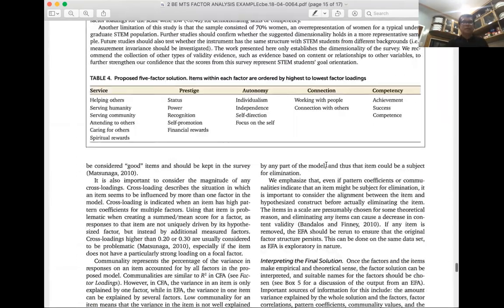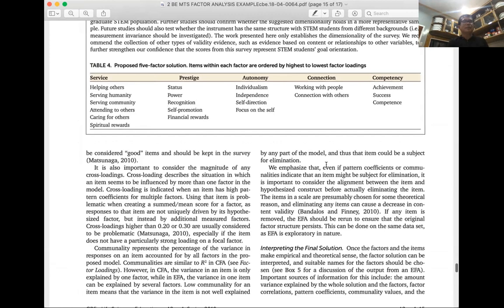So looking into the final one, table 4, the proposed 5-factor solution. So we have service: helping others, serving humanity, serving community, attending to others, caring for others, spiritual rewards. Prestige: status, power, recognition, self-promotion, financial rewards.